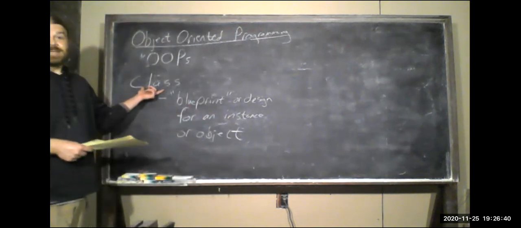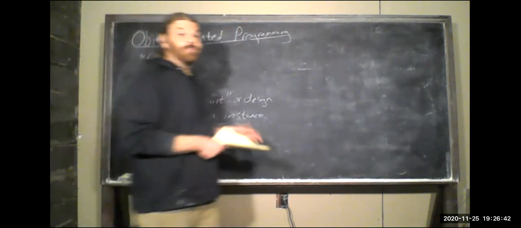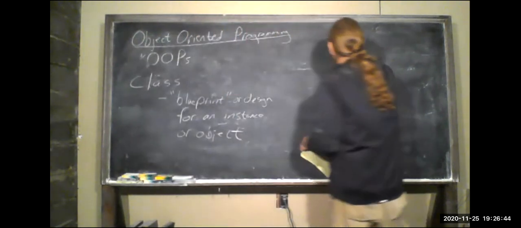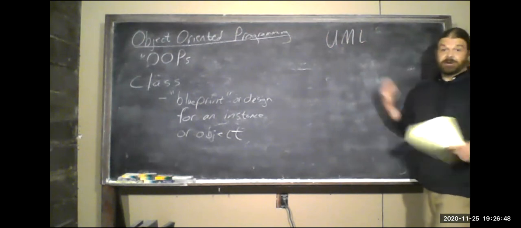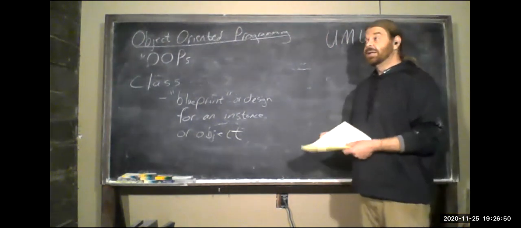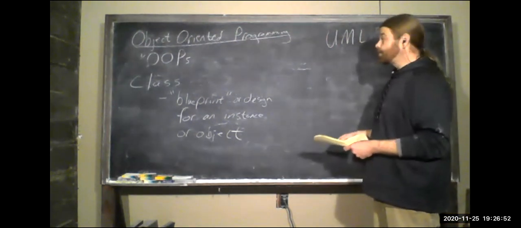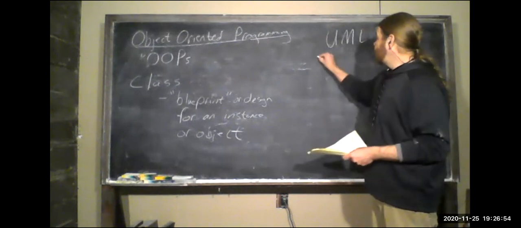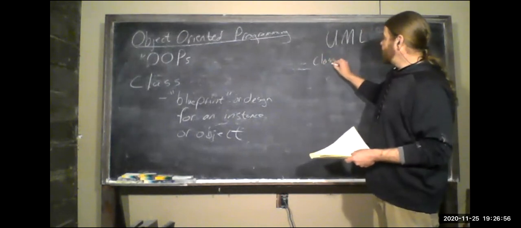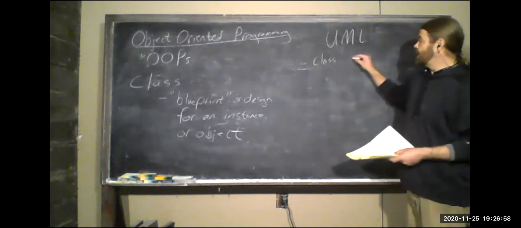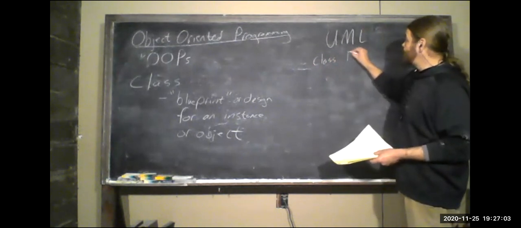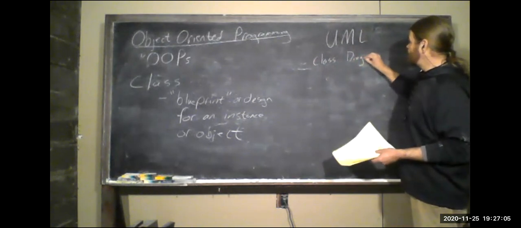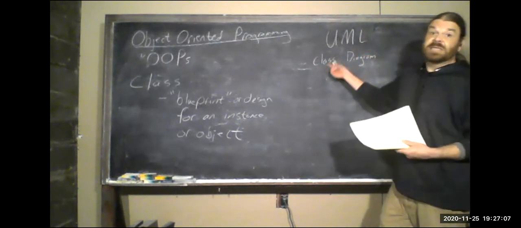And this is what we draw the diagram for to represent in UML. So remember, we have that Unified Modeling Language, the international standard of communication, the pictorial-based language, and what we use to represent objects, to fully represent objects, is called a class diagram, which one of your assignments is going to be to draw.